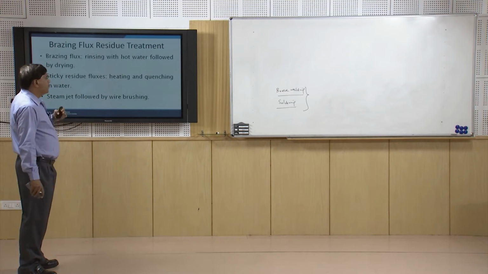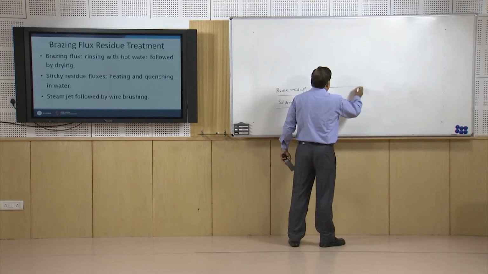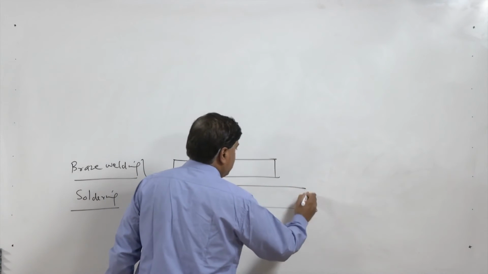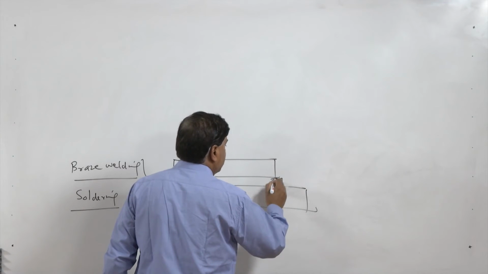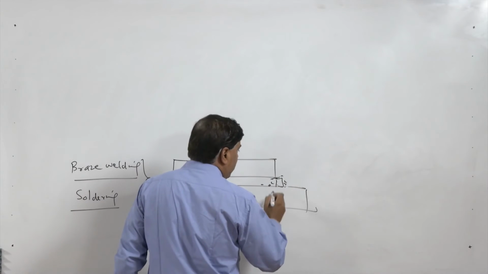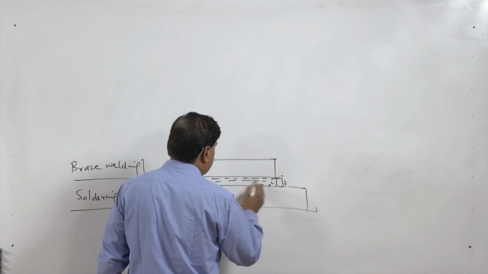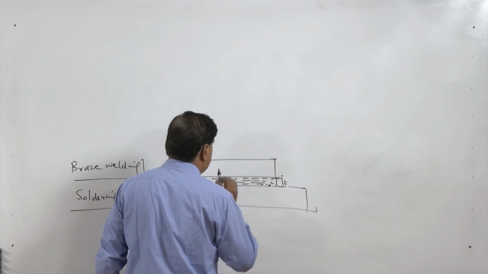Then once the solder is placed, how does it work? Say this is the solder, flux is also applied. So basically all will be reaching the molten state. Here the flux will also melt, solder will also melt.